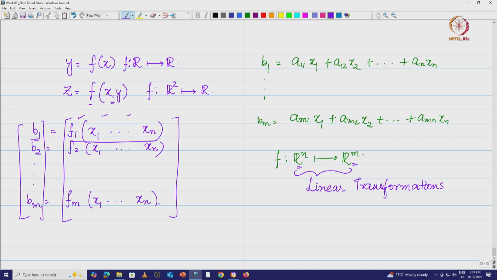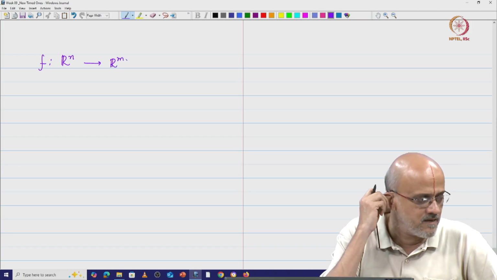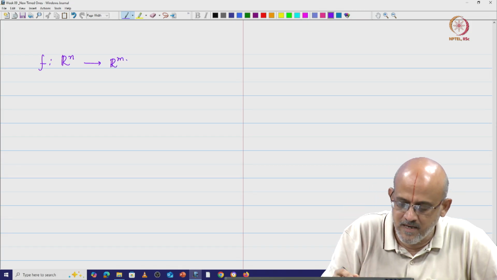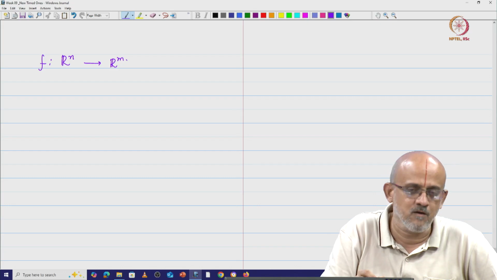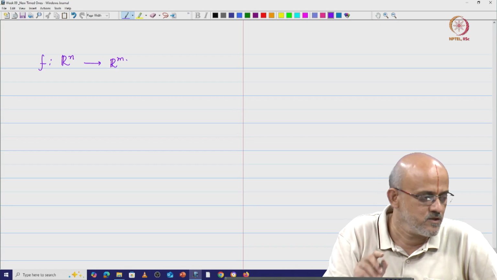So we are going to look at a function where the input is a vector and the output is also a vector, right.